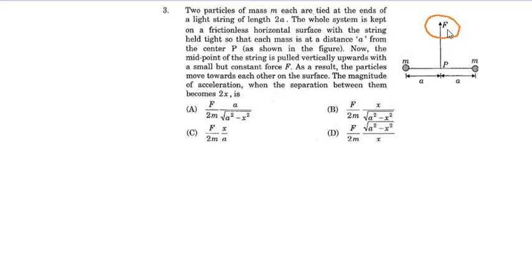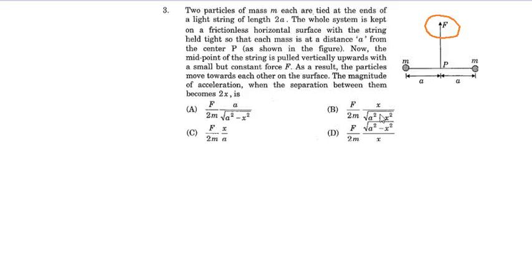Let's say F is equal to 0. If F is 0, then there is no force in this system, and if there is no force on this system, acceleration must be 0. As you can see, in every option, if we put F equals 0, acceleration comes to be 0.